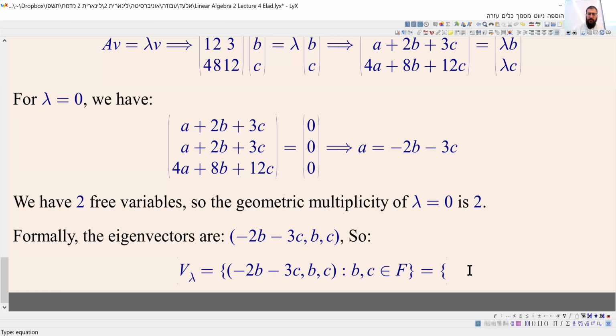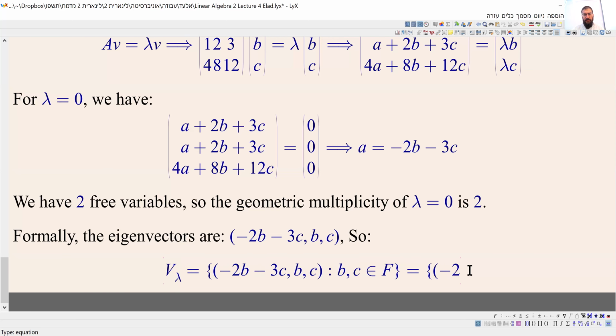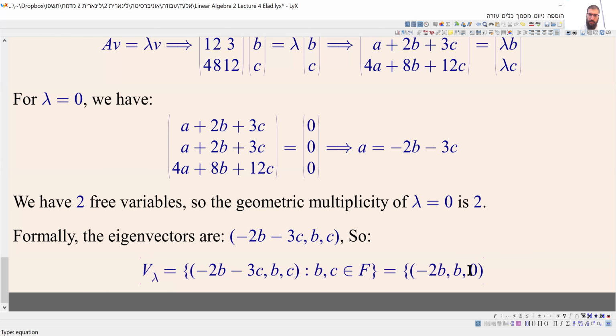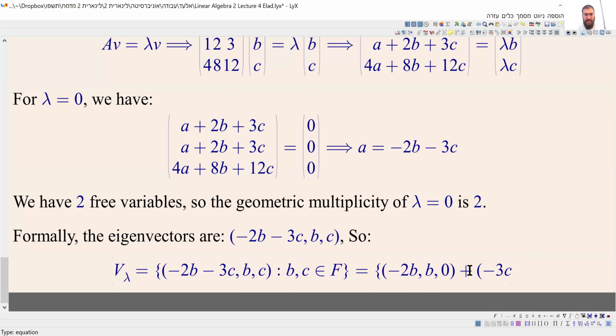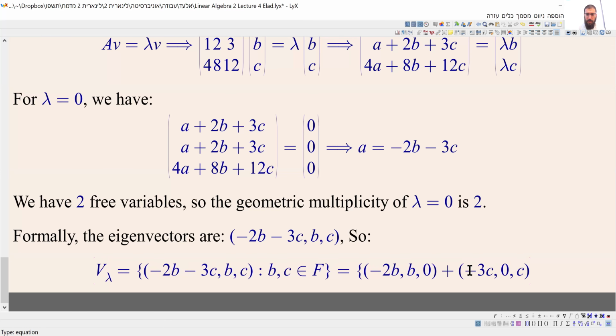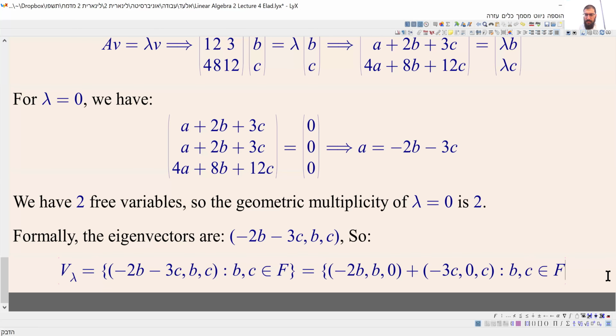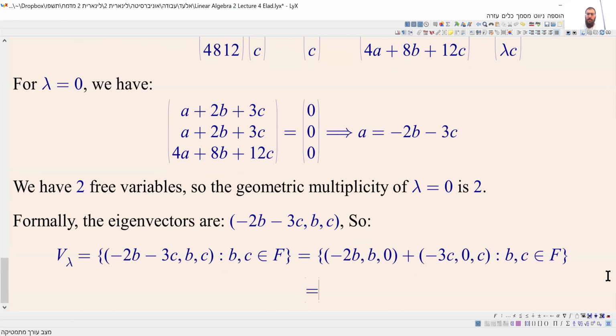We can write down the vector as a sum of two vectors: minus 2b, b and 0 on one hand, and minus 3c, 0 and c on the other hand. We write it down as a sum of vectors. Each parameter gets its own vector, and we can pull out the parameters.